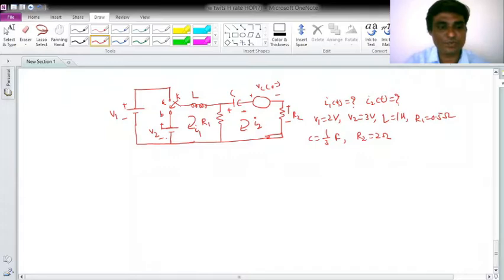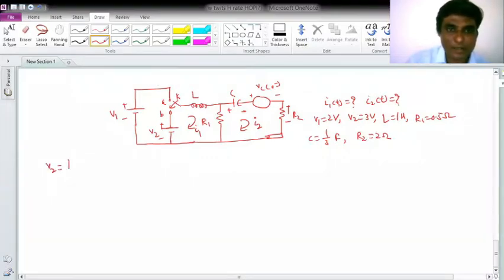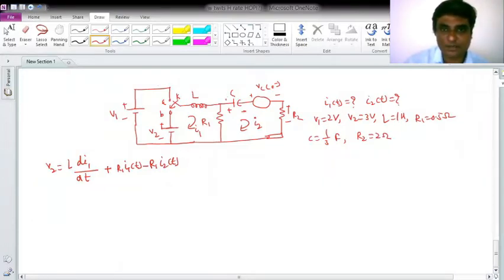For mesh 1, V2 will be equal to L di1 by dt plus R1 I1 of t minus R1 I2 of t. Okay, this is equation 1.